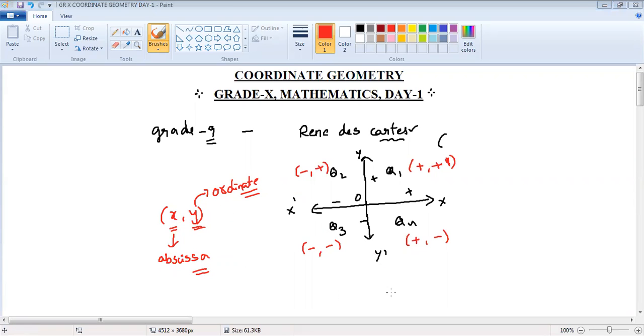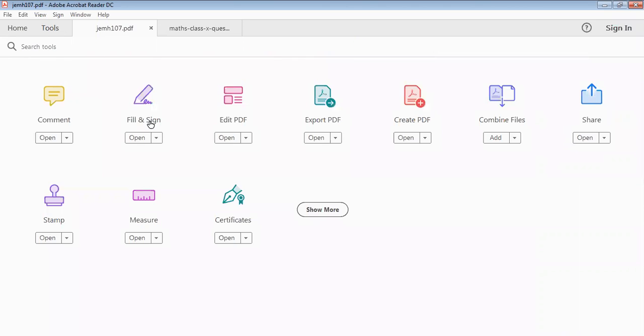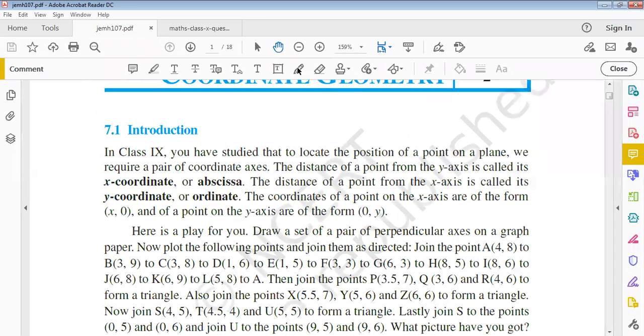Now coming to the 10th standard, it is a continuation of whatever we learned in the previous class. We are supposed to find the distance between any two points. Generally, to show the points, we use capital letters, as we learned in the 9th standard.